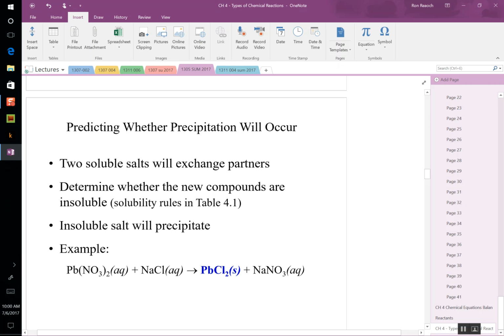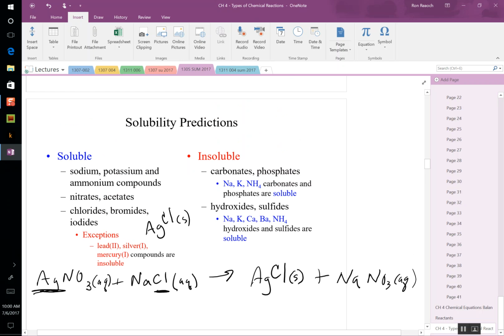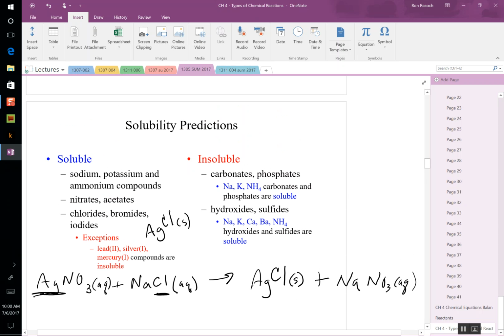Predicting a precipitation. Lead nitrate. All nitrates are soluble in water. Sodium chloride. All sodium and most chloride compounds are soluble in water. So if I had this plus that and I said finish this, you'd have to say, well, let's see. Lead will see this chloride ion, and right here it says chlorides are soluble except lead chlorides are not.